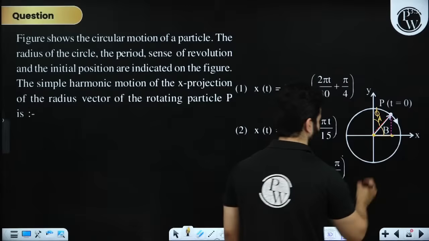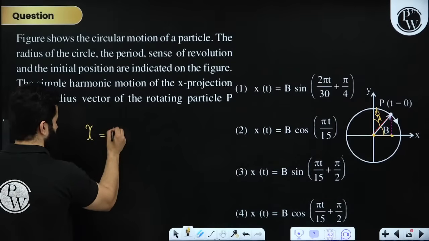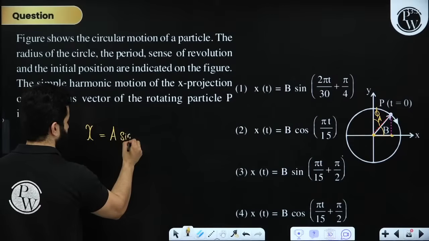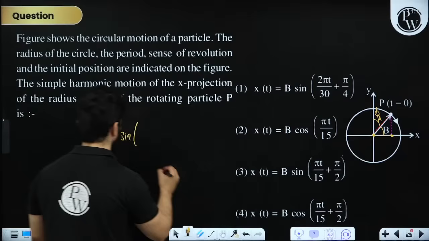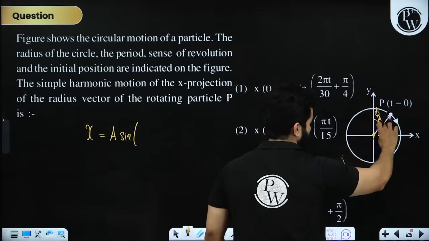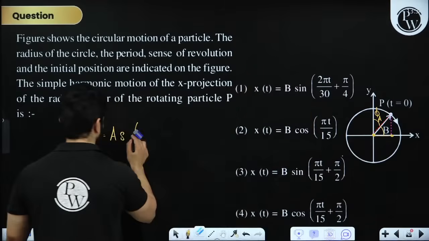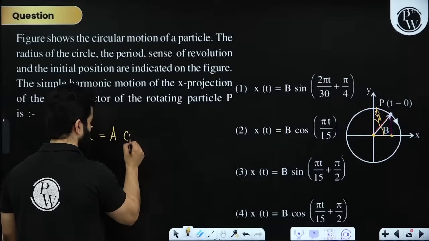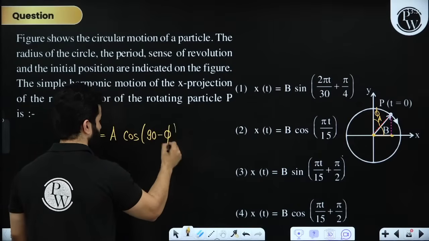So this x will be written as A sine of whatever this angle is. If this is phi, this is going to be 90 minus phi, so I'm going to write it as cos of 90 minus phi.